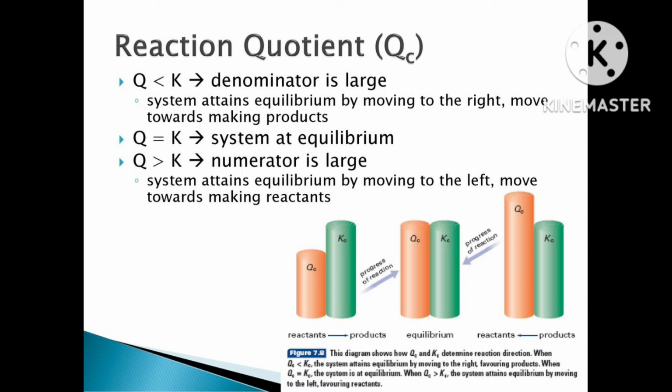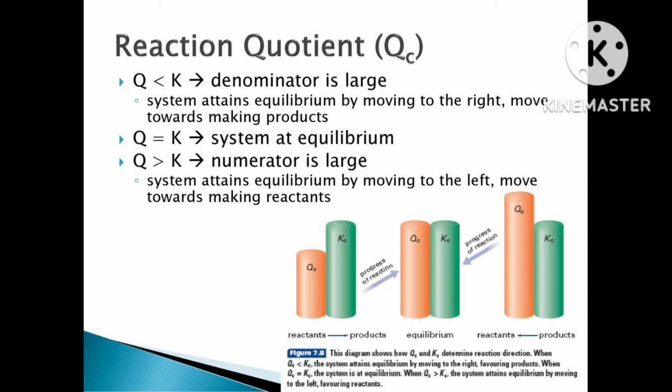Now you are understanding. You calculate the Qc value the same way, just like Kc. Write the expression and put the value. You will get the Qc result. For the given reaction, the expression for Qc is product divided by reactant.